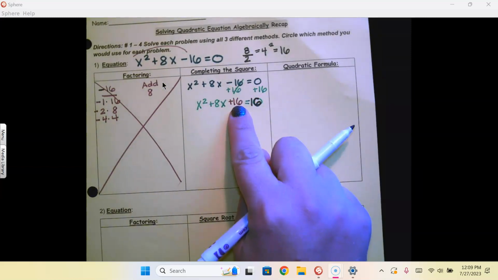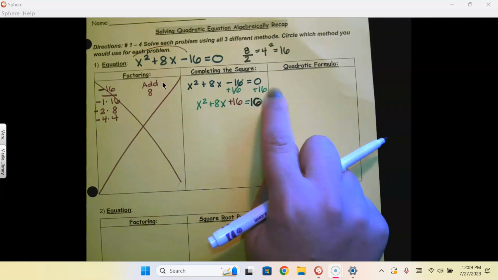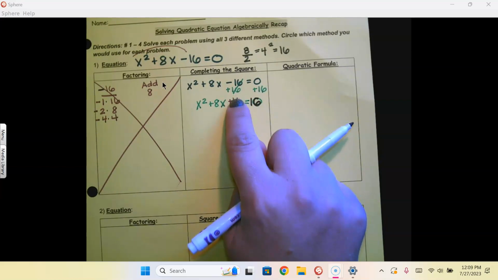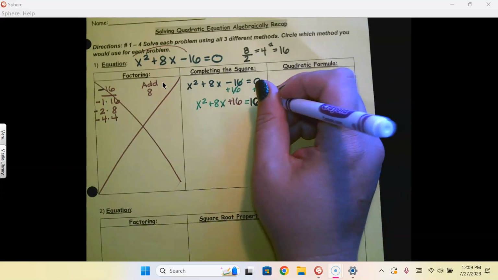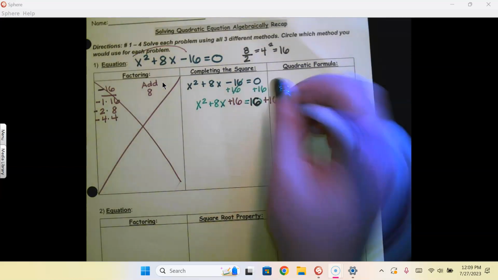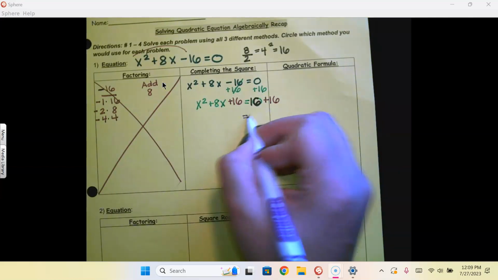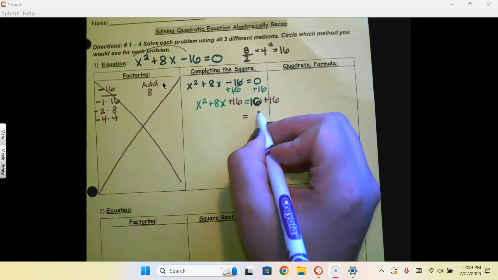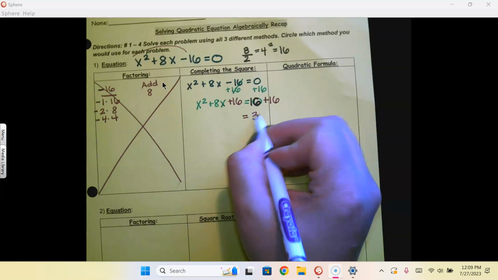Now you can't just add a 16 on this side without putting the same amount on this side. Since we entered a new number into the problem, we're going to put a 16 on this side. So I'm going to do 16 plus 16, that is 32.